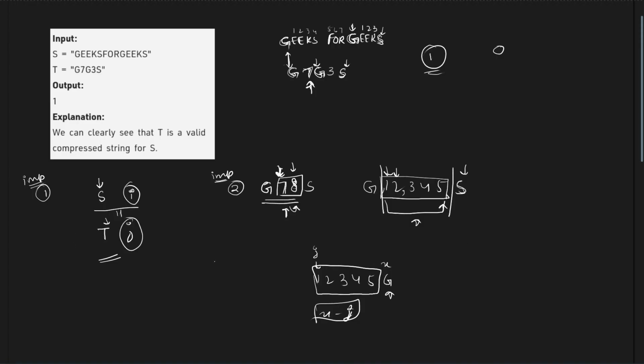So t dot substring starting from j. So this is the starting index and this is the size. So you can directly also write x minus j here. So what it does is, it starts from j and then it goes like x minus j size. So it will go till here and store it in a string called small t, right?